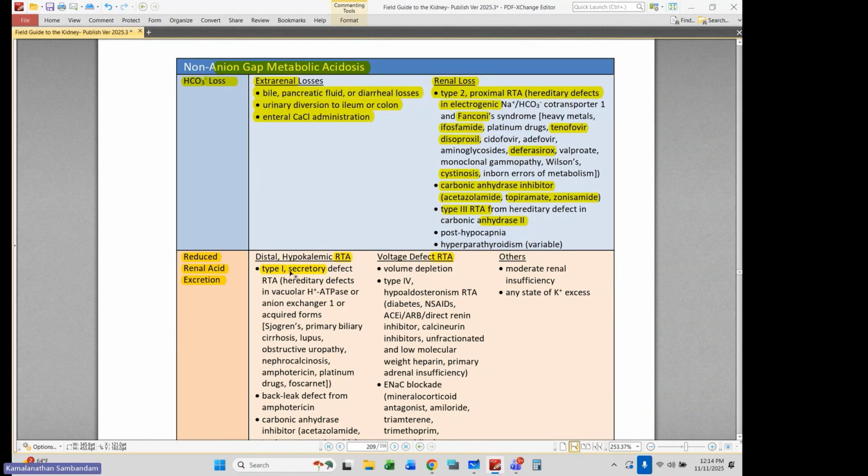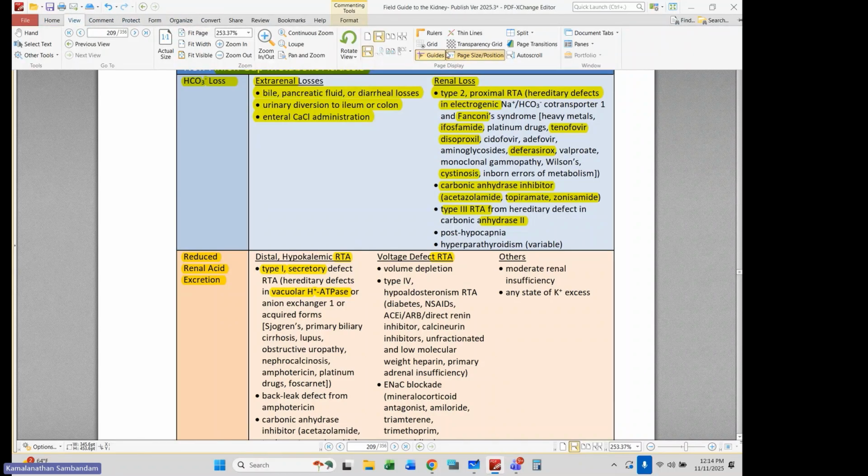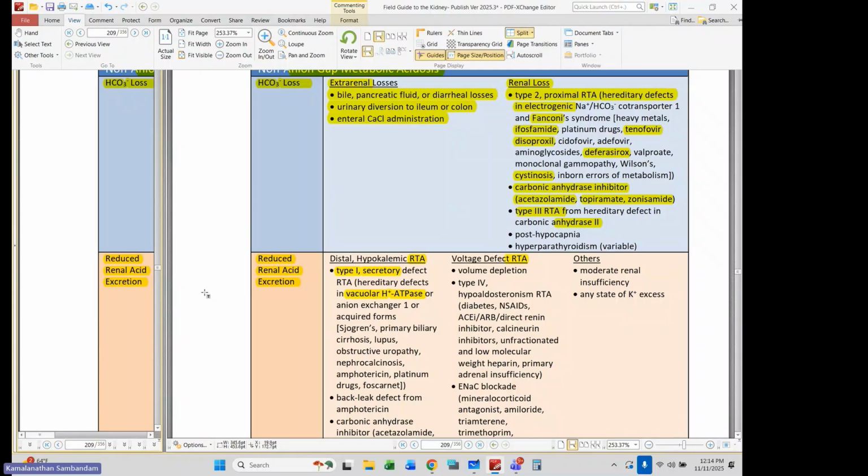So again, type 1 RTA would be the classic secretory defect, in which I may have, for instance, a defect in the apical transport protein, vacuolar H-ATPase. Let's show our split screen so I can refer back to that.